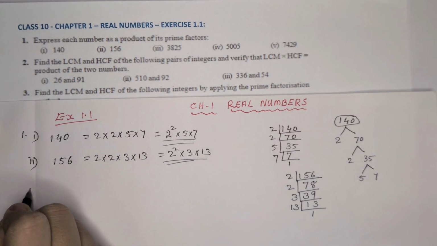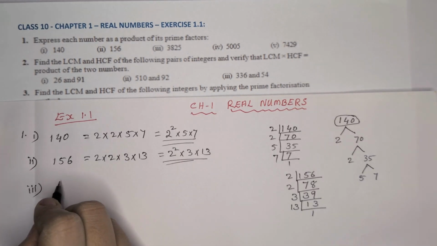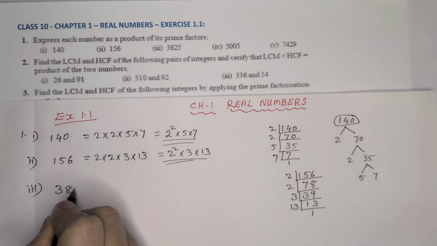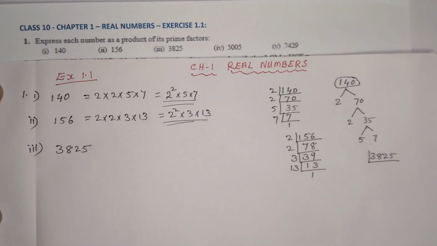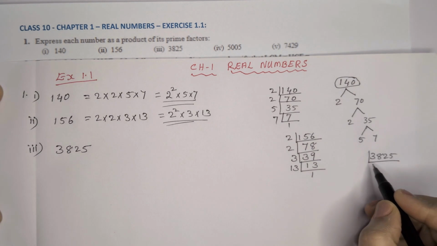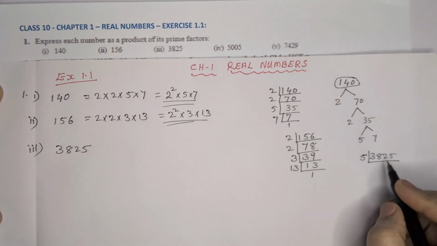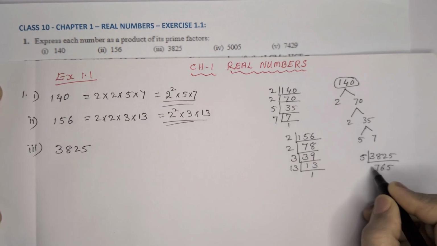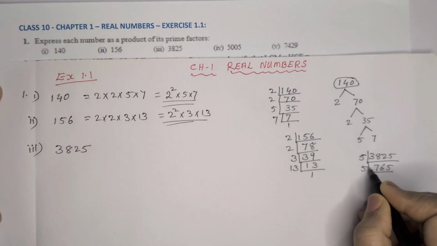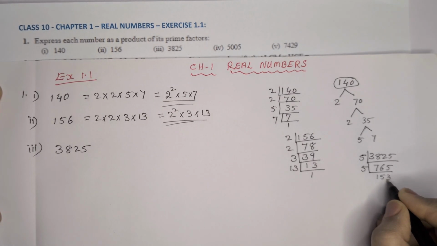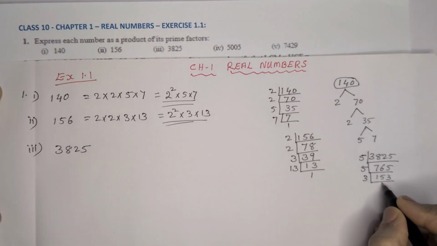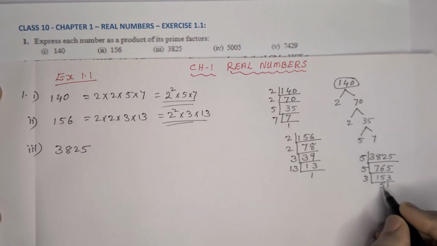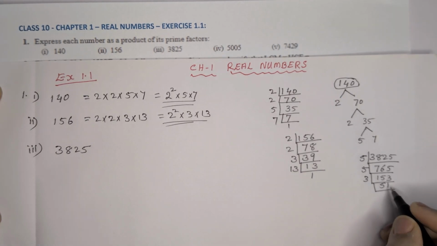Next one is 3825. So 3825 we can divide by 5. 765 again by 5. 153. 1 plus 5 plus 3 is 9, so divisible by 3. 3 times 3 is 9, and 17 times 3 is 51, so again divisible by 3.